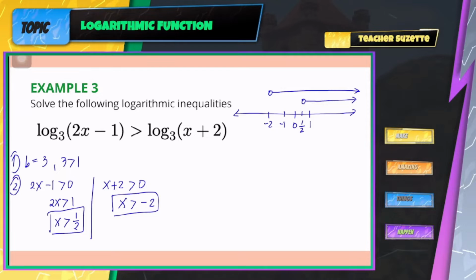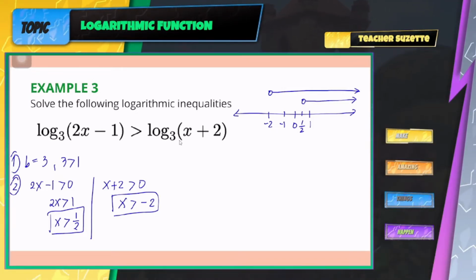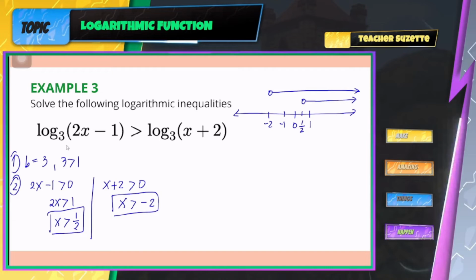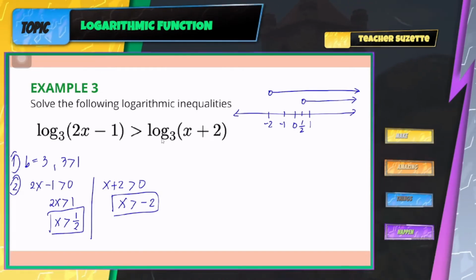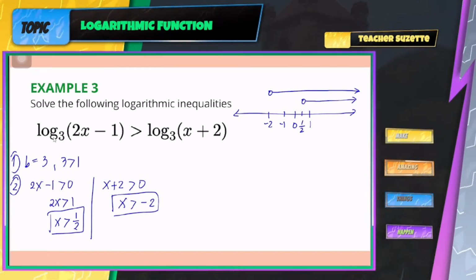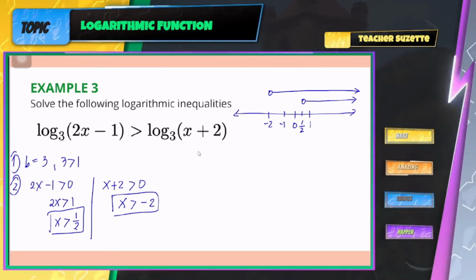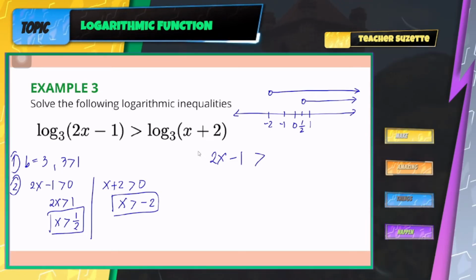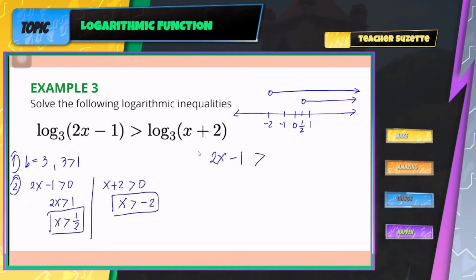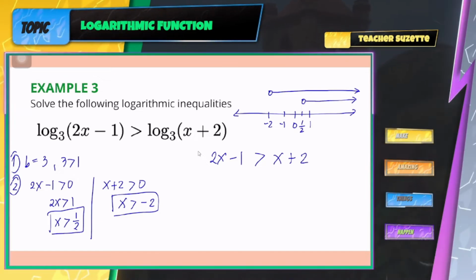Now, let's proceed in solving for our inequality or the value of our x. For this logarithmic inequality, we can apply the one-to-one property since they have the same base and are expressed in logarithm. So, you will have 2x minus 1, retain the direction of our inequality sign, x plus 2.